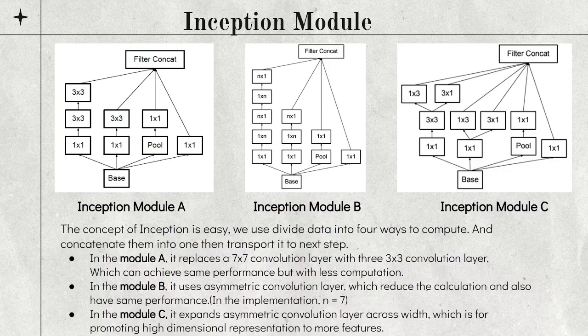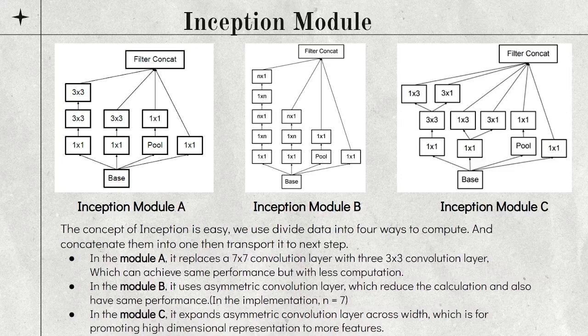Another important technique employed in Inception v3 is dimensionality reduction, to reduce the dimensionality of feature maps and make the network more efficient. 1 times 1 convolutions with smaller numbers of output channels are used. This helps to condense and abstract the learned features, allowing the network to capture more meaningful information.